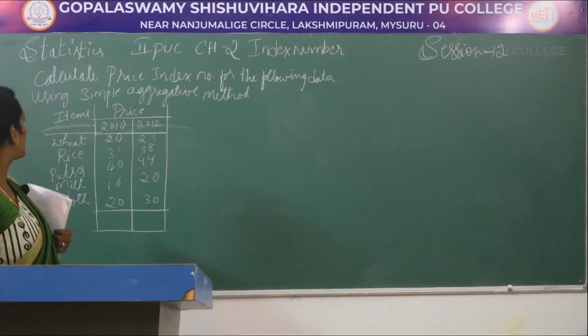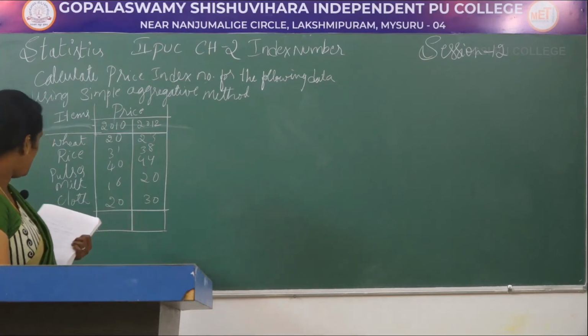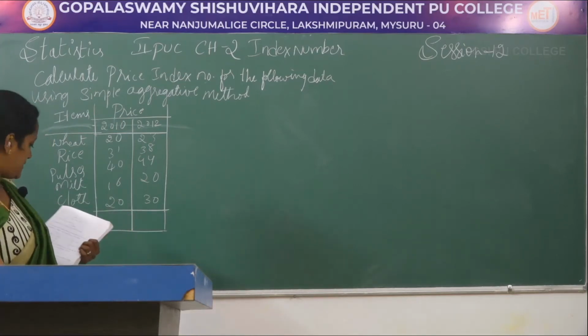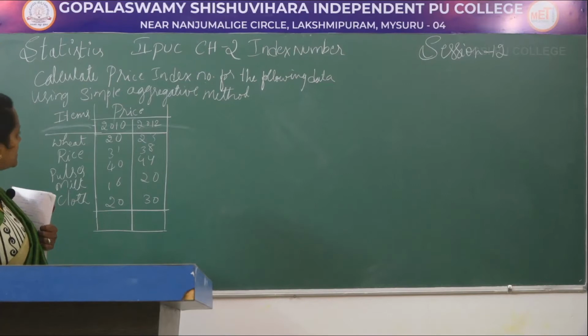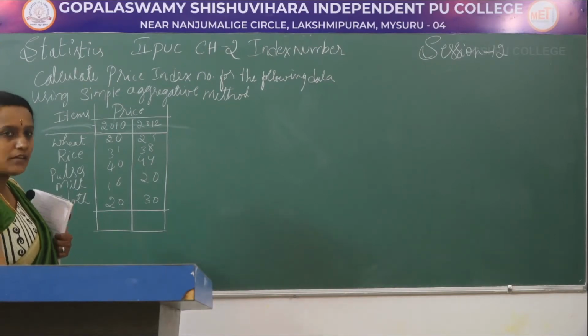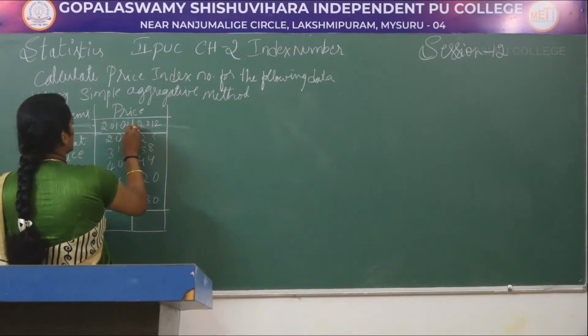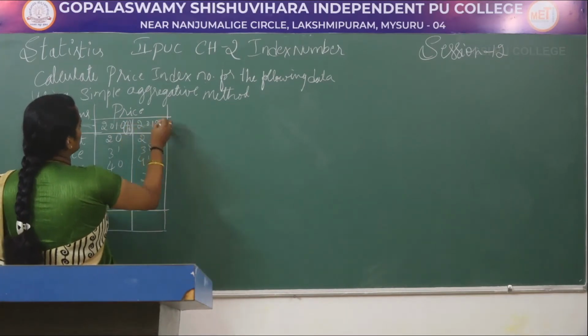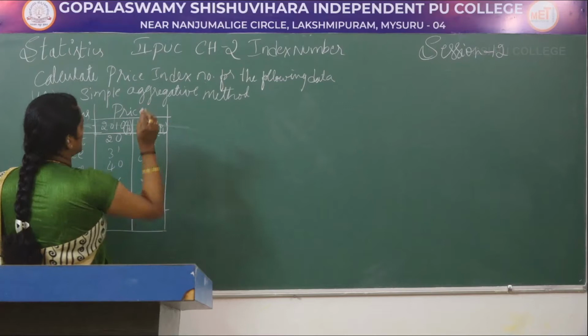So here we have to calculate by the simple aggregative method. Here they have given the two prices, that is price of 2010 and 2012. Price for 2010 we call P0, the base year price, and 2012 is P1, the current year price.